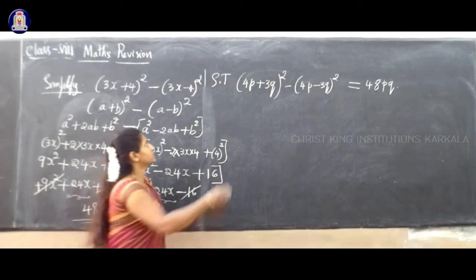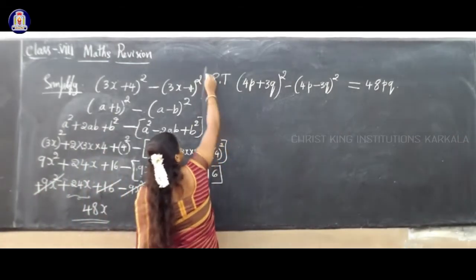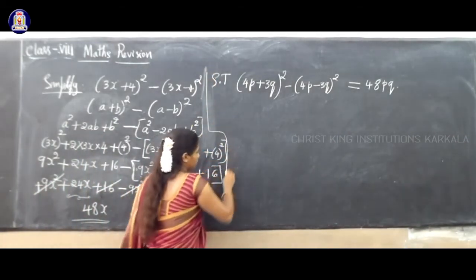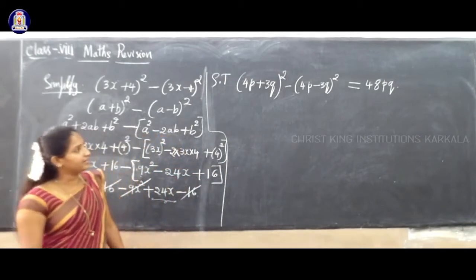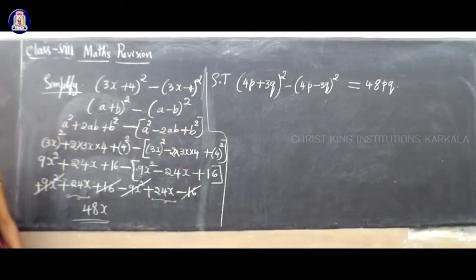Clear? Now the next question: you have to prove that the left hand side answer and right hand side answer are the same. In the first question you just have to simplify.